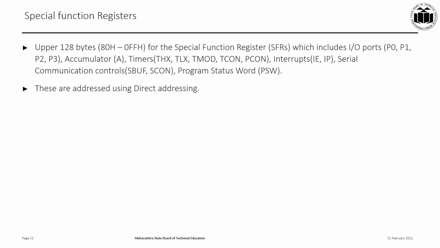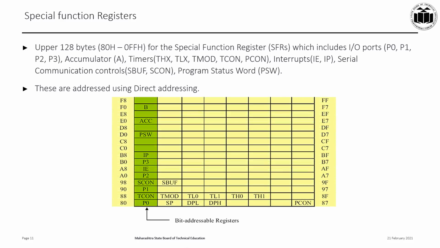These are addressed using direct addressing. In this chart, you can see the addresses of the various special function registers, which are in the upper 128 bytes of the RAM, from 80 hex to FF hex.